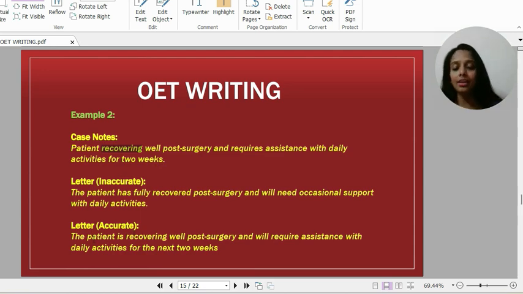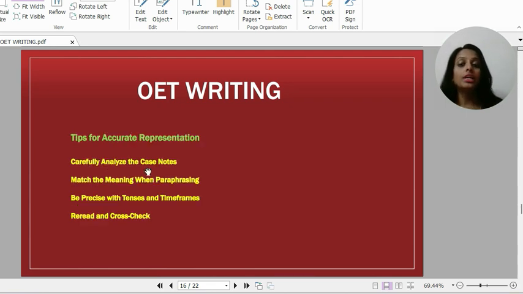The accurate letter should be: the patient is recovering well post surgery and will require assistance with daily activities for the next 2 weeks. Here are some tips for accurate representation of the case notes.